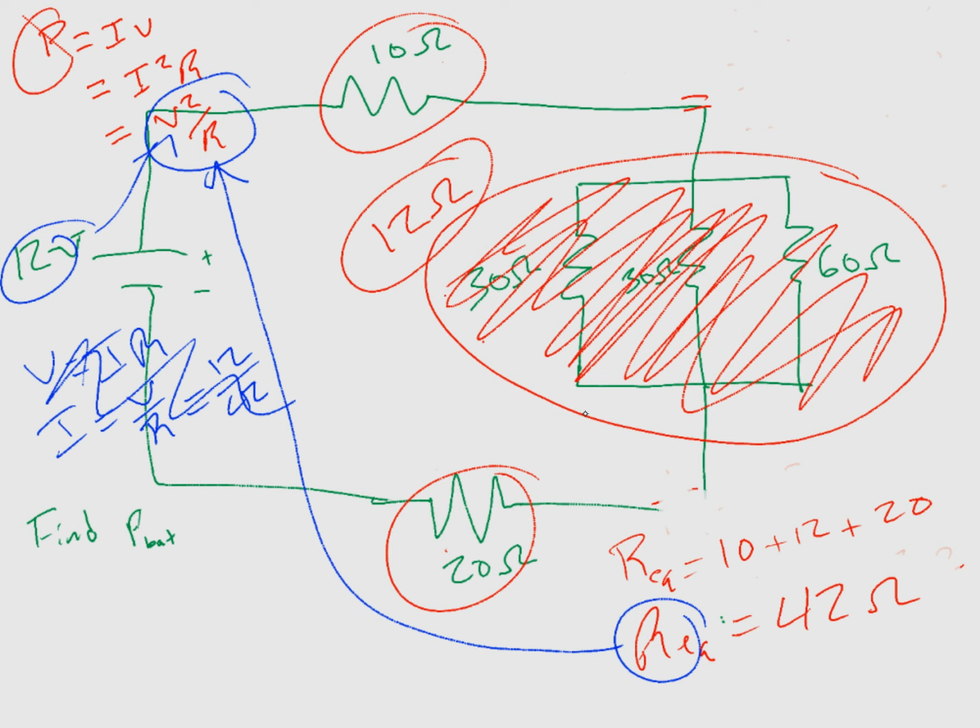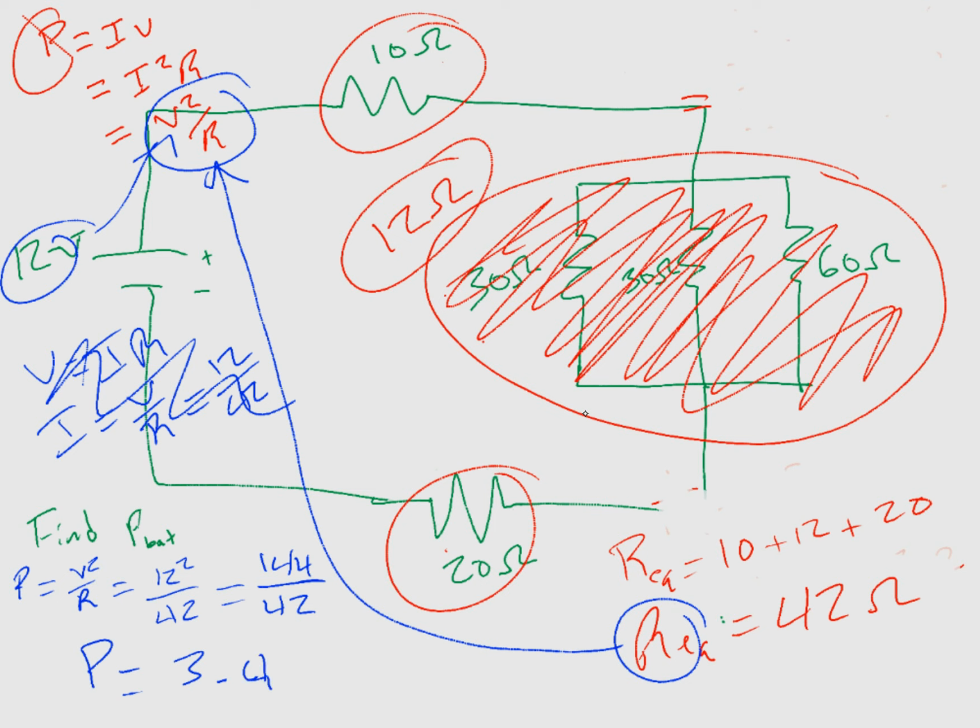So let's do that right here. Power is equal to V squared over R. And V is 12, got to square it. R is 42. And so basically we are dividing 144 by 42. And when you do that, you calculate that the power is actually 3.428.